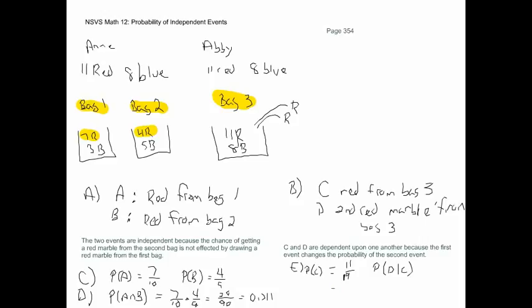Recall from the last section that the probability of D given C is equal to the probability of D in union with C all over the probability of D.